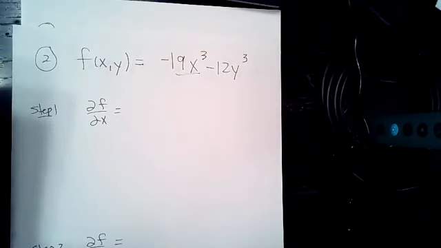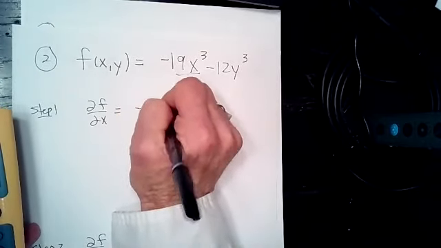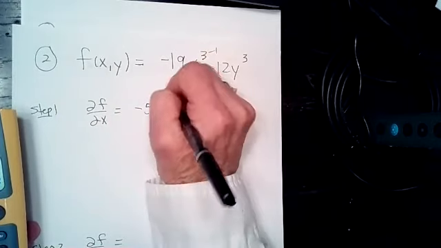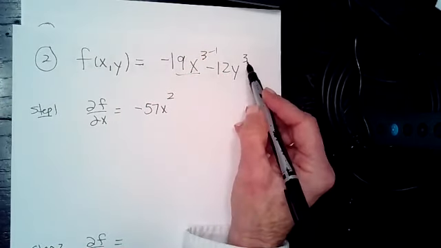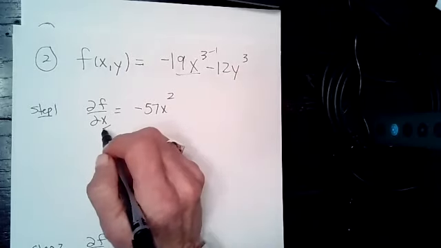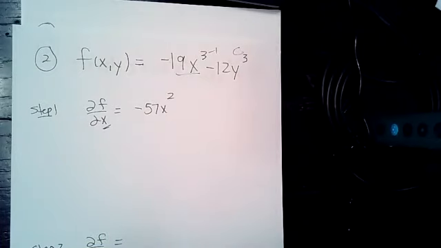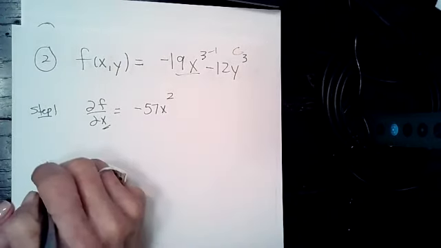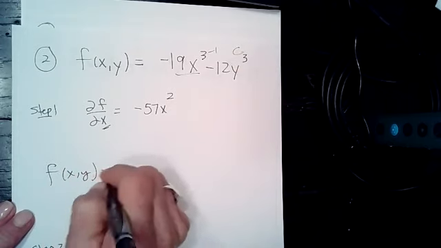I multiply down: negative 19 times 3 is negative 57x, and then I subtract 1, so squared. The derivative of negative 12y cubed with respect to x is 0 because that is a constant term, and the derivative of a constant is 0. I'm going to write down my problem again just because I messed it up.